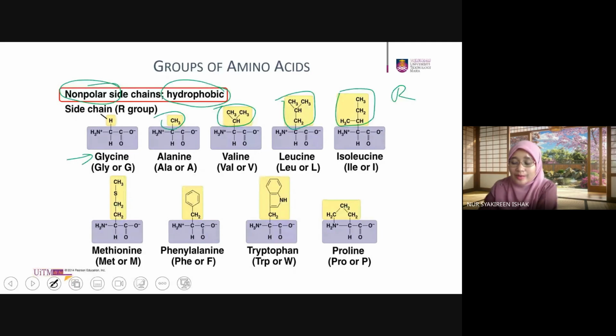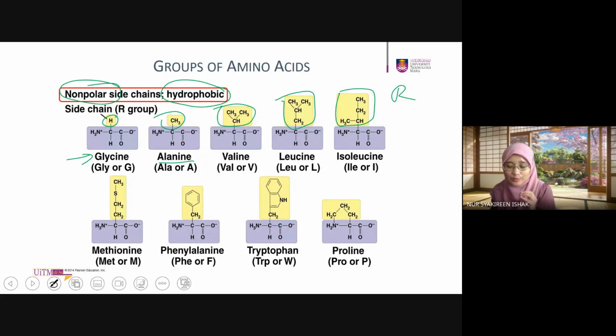Valine consists of even more carbon and hydrogen, hydrocarbons. Leucine, also hydrocarbon, isoleucine, proline, tryptophan, phenylalanine, and also methionine. So for this one, at your level, you are not required to memorize every single structure of these amino acids, or every side chain.